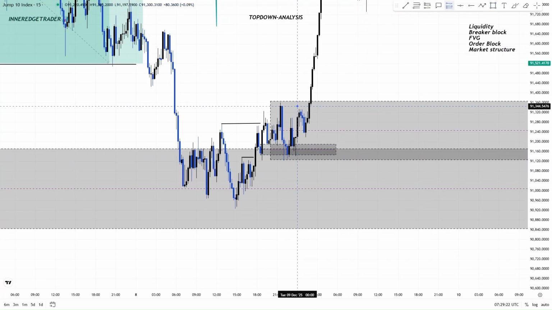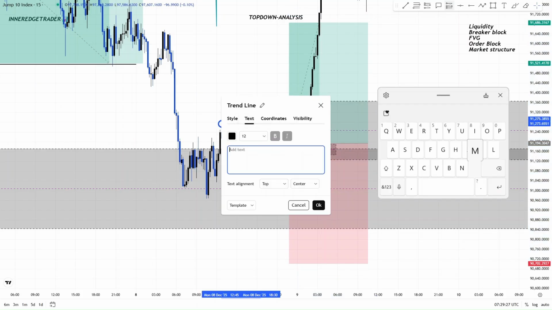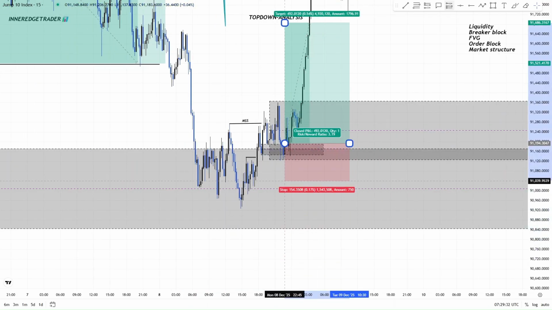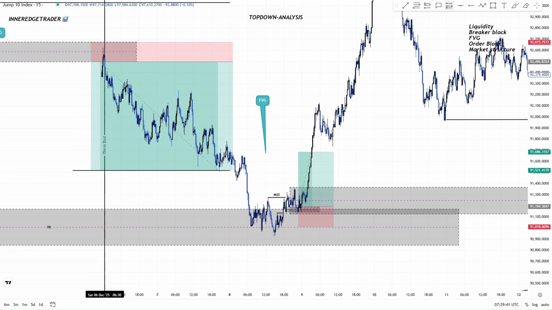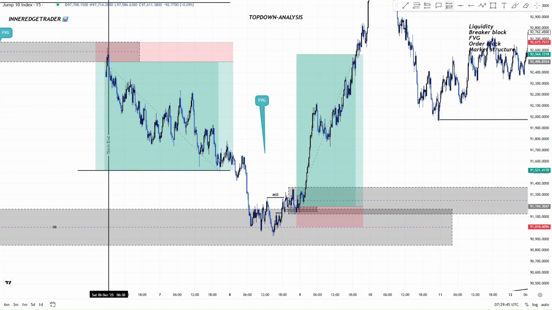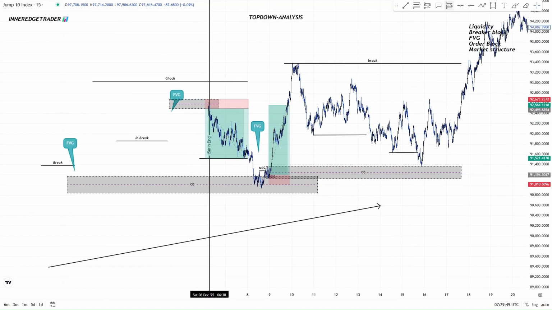You take entry after the market shift. That's to tell you that the market is ready for an upside movement. So putting your stop loss at least a few pips below the original point, you'll be able to get yourself a nice win to reward ratio. That's bagging two trades and just understanding the market bias.